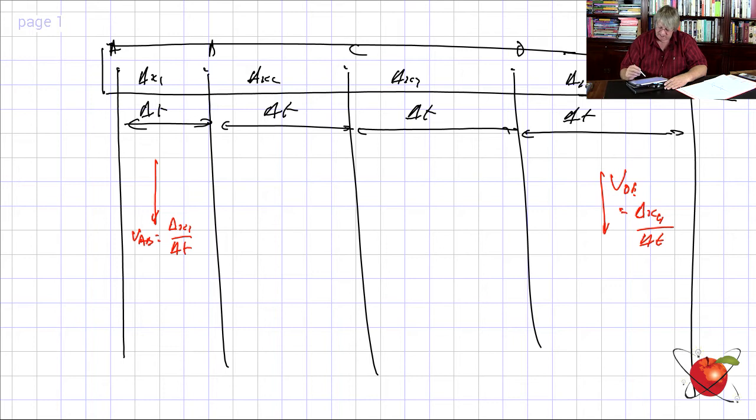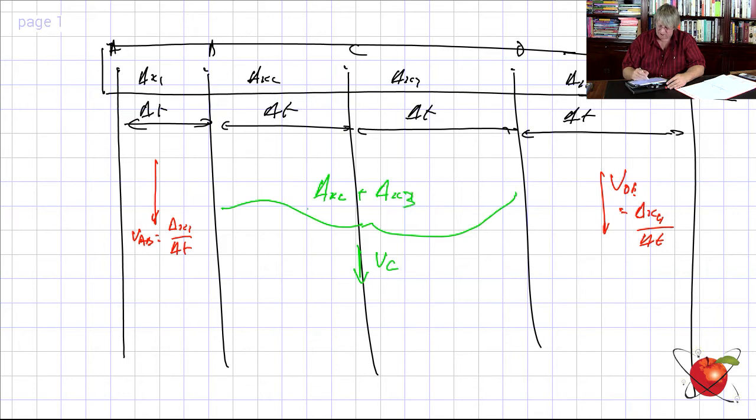Then they might say calculate the instantaneous velocity at, let's say, C. That is V at C. We use this whole delta X2 plus delta X1, 3. It's the total distance from there to there, divided by the total time.